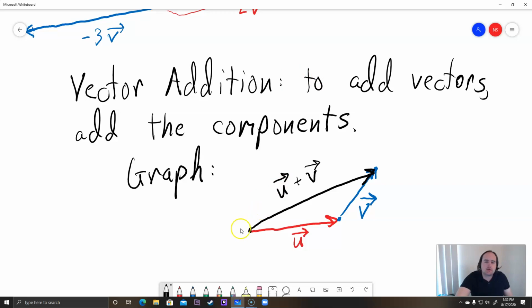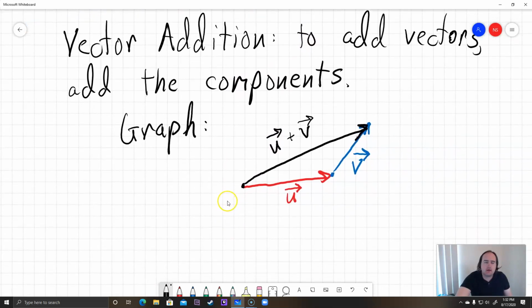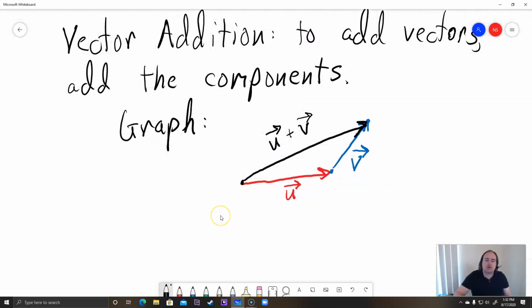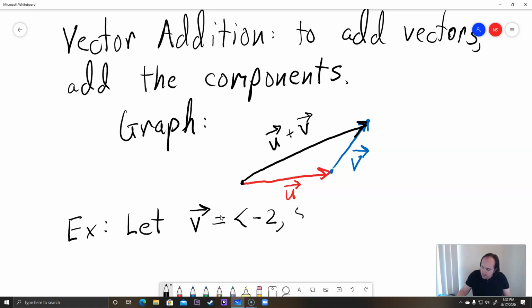But when you're actually doing the problems, you're just going to be adding the components. Okay, which is pretty straightforward. So let's see an example of that. Okay, so example. Let vector v equal, let's have a three-dimensional vector, negative 2, comma, positive 5, comma, positive 9.